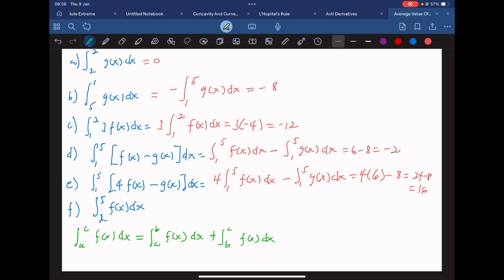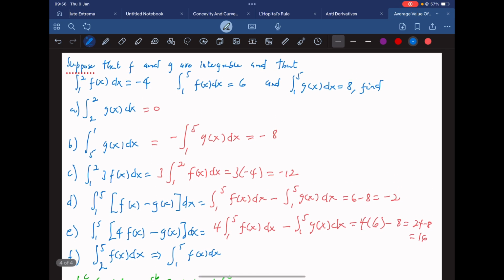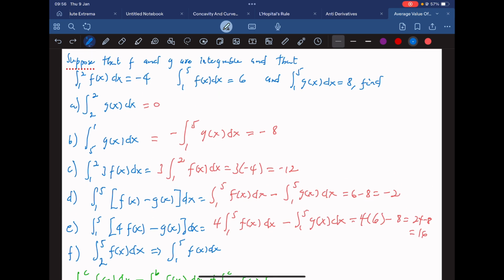So in this case, if you are given this, from a to c, you can have the integral of 1 to 5 of f of x dx, which was actually given to you in the question.